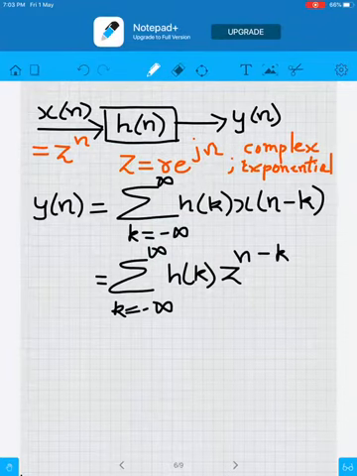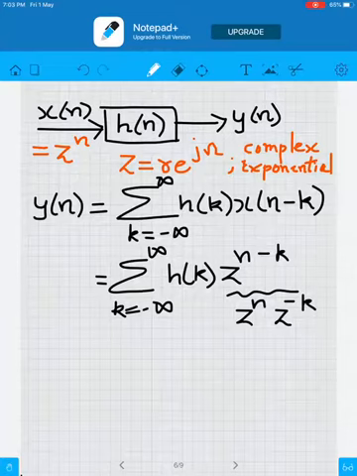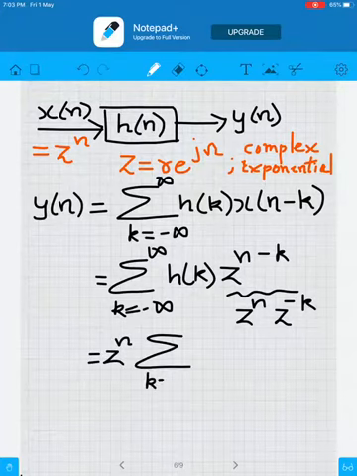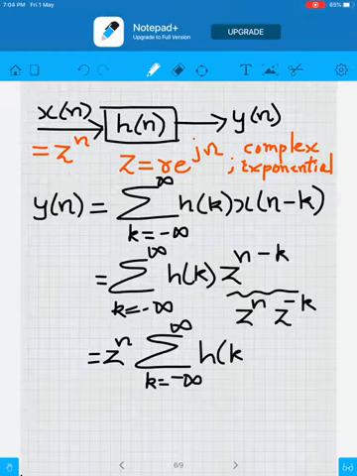Using laws of indices, I can write this as z power n into z power minus k. I am summing with respect to variable k, so z power n is independent of k, and I can write z power n outside. So we have z power n outside and summation k is equal to minus infinity to plus infinity h of k into z power minus k.